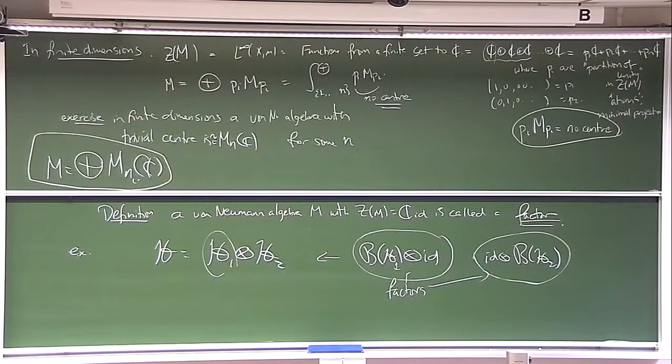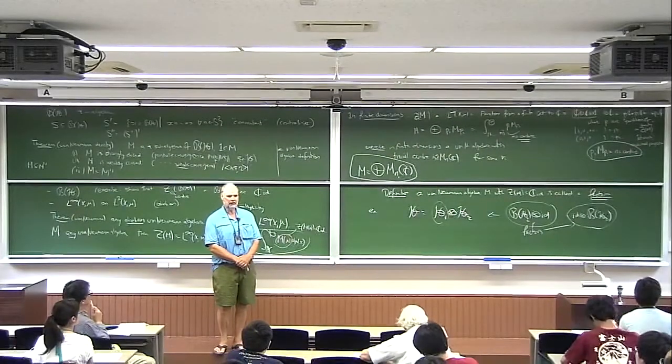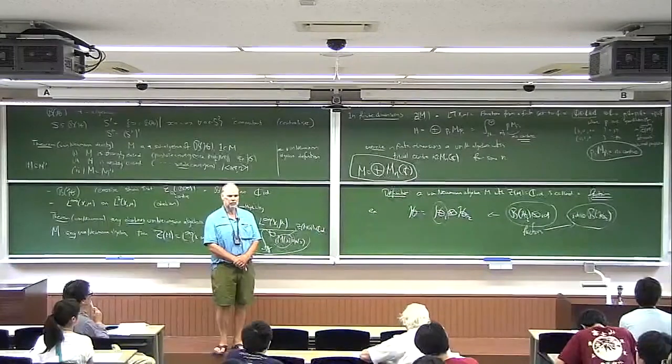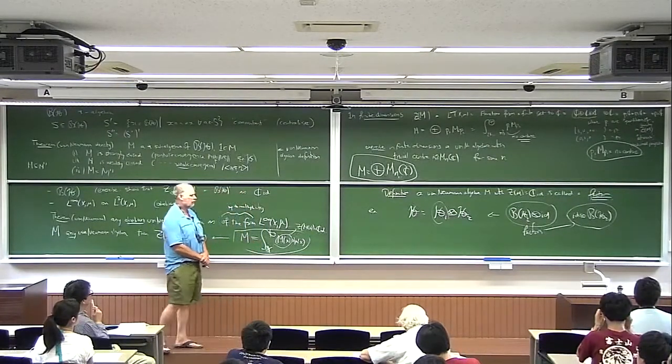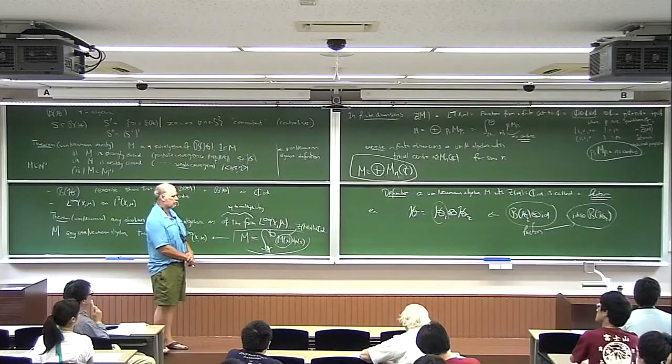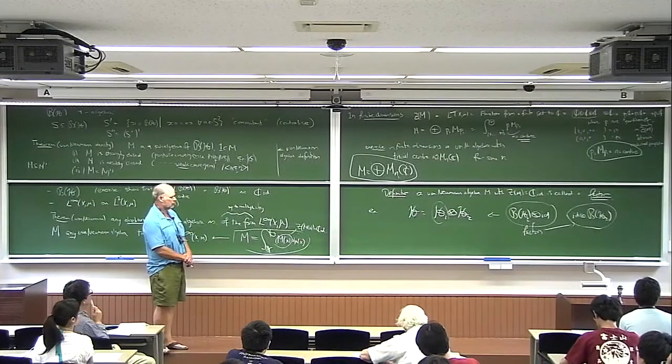So obviously the implication is that it's not true, right? So now what I'm going to do is show you that you can get factors that don't correspond in this way to a tensor product factorization. So this was the first really major discovery in the work of Murray and von Neumann.